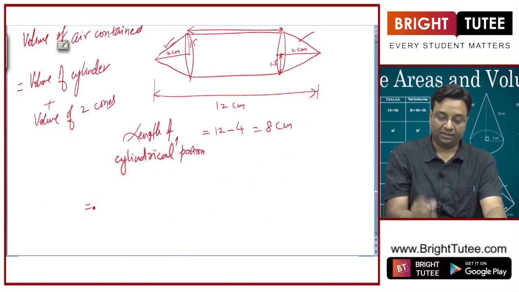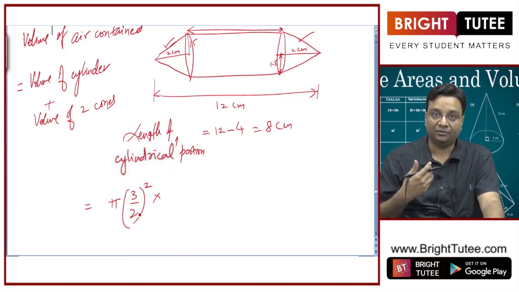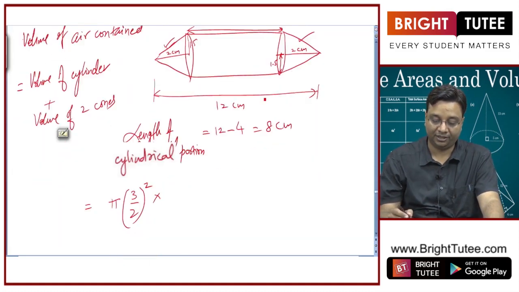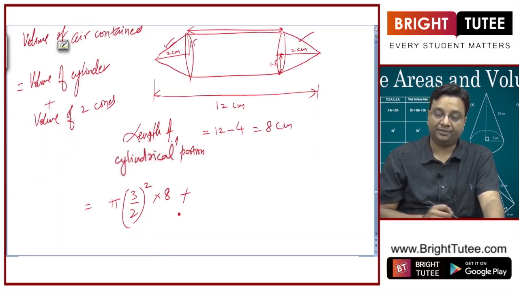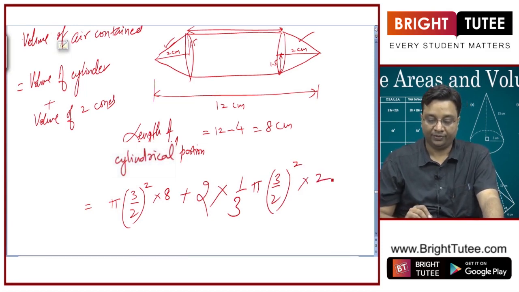Okay. So it is equal to, volume of cylinder is pi r squared. So radius is 1.5 or 3 by 2 squared into h, that is height of the cylinder, which is 8 centimeter, plus volume of 2 cones. So I will multiply 2 and calculate volume of 1 cone, which is 1 by 3 pi r square, so 3 by 2 squared into height h, which is 2. Okay.